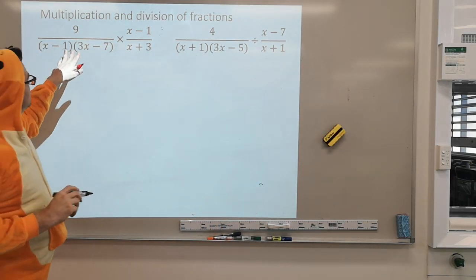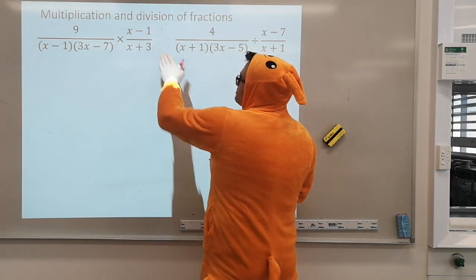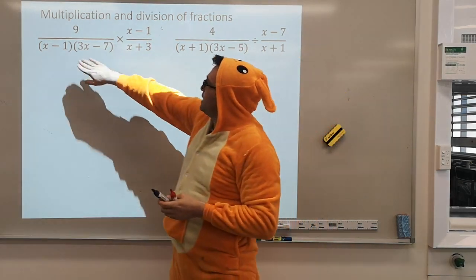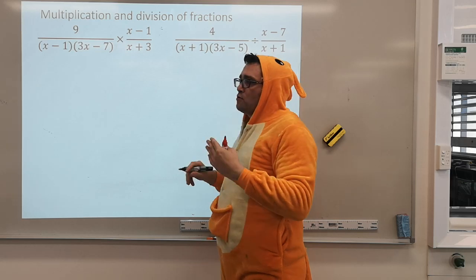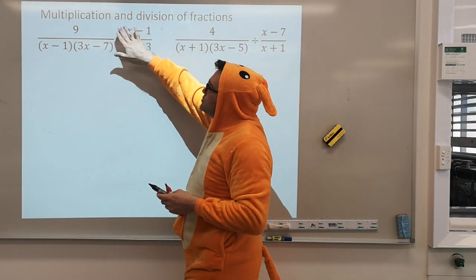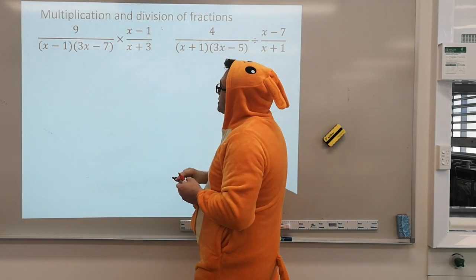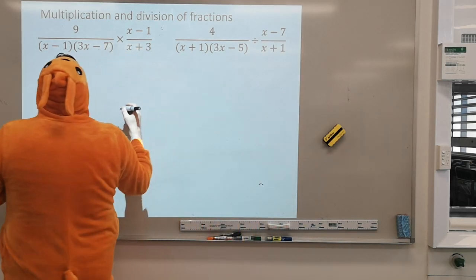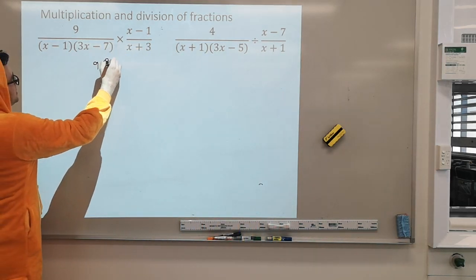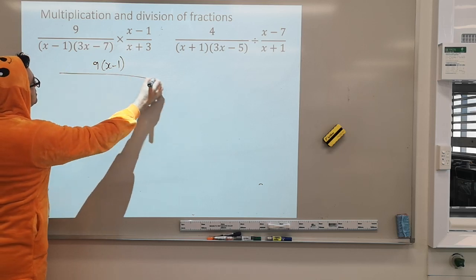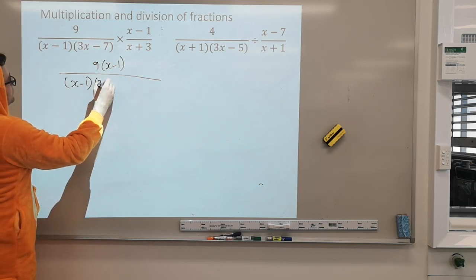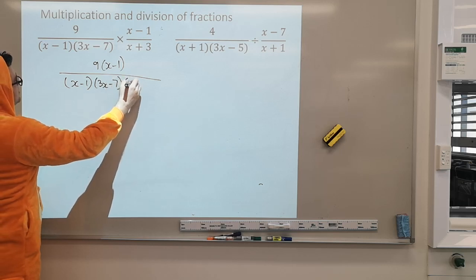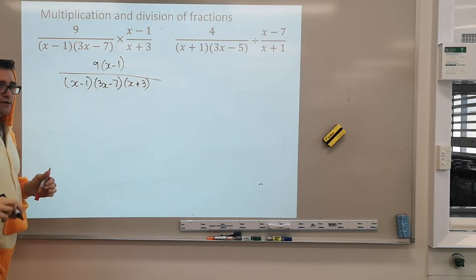So we've got 9 times x minus 1 on x plus 3, times x minus 1 over 3x minus 7. So remember, all we need to do is multiply our numerators and denominators. So we've got 9 times x minus 1 over x minus 1 times 3x minus 7, x plus 3.